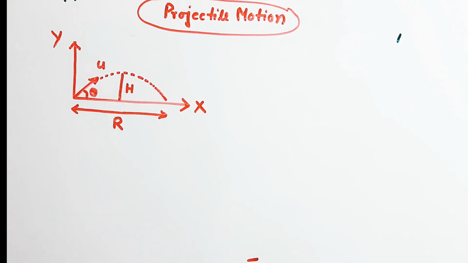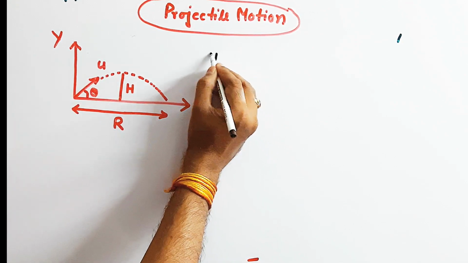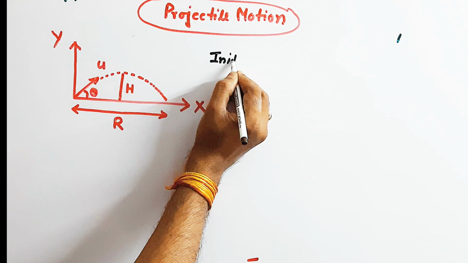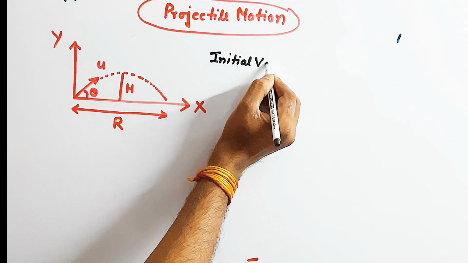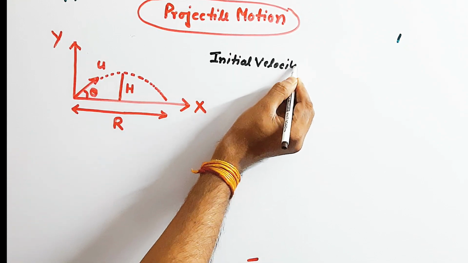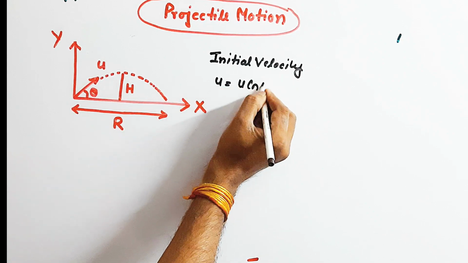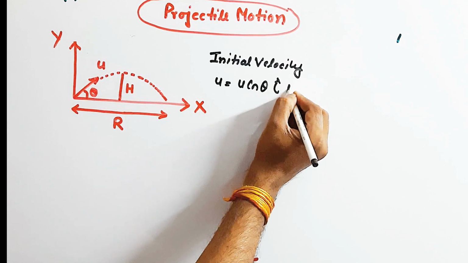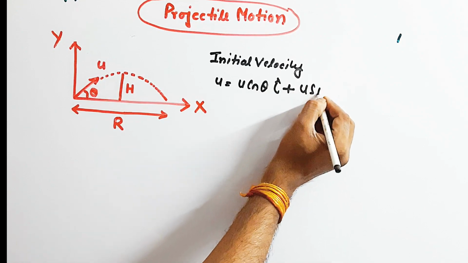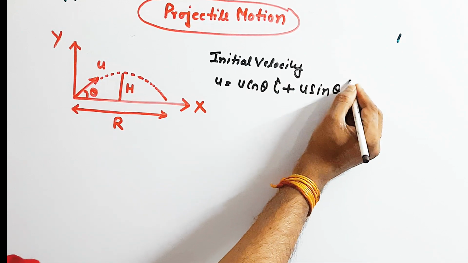Now, for this type of motion, the initial velocity will be u = u cos theta i cap + u sin theta j cap.